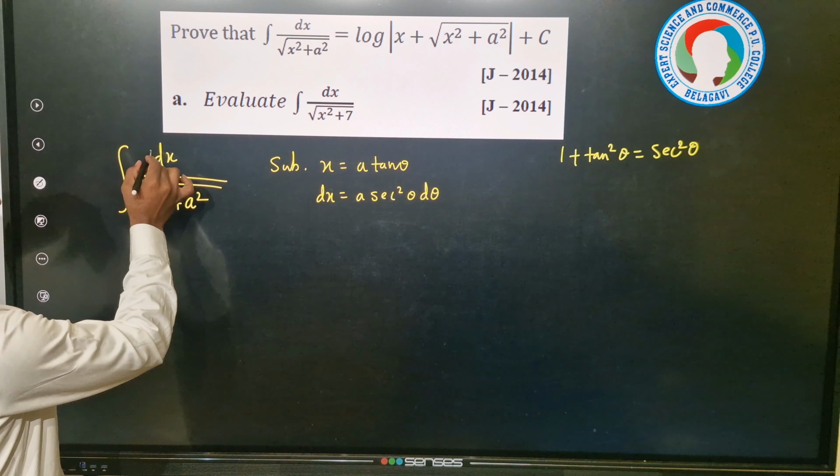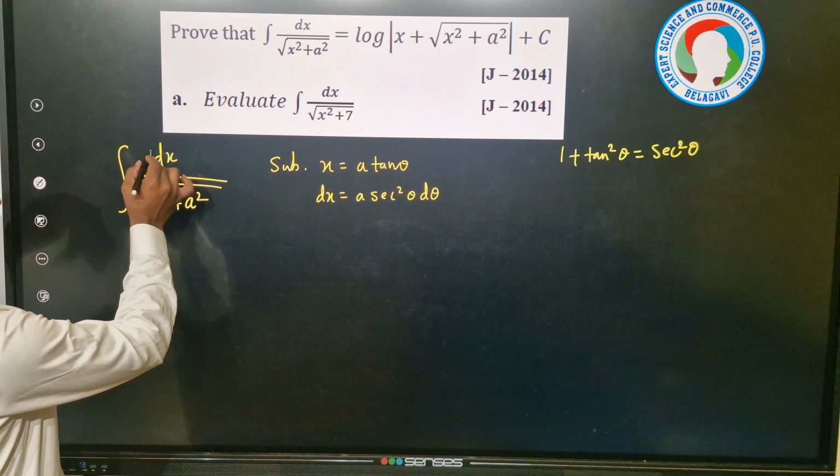So dx divided by square root of, what is the value of x? That is a tan theta, then a square tan square theta plus a square. So here a square is as it is, and dx is there. What is the value of dx? That is nothing but a sec square theta d theta.